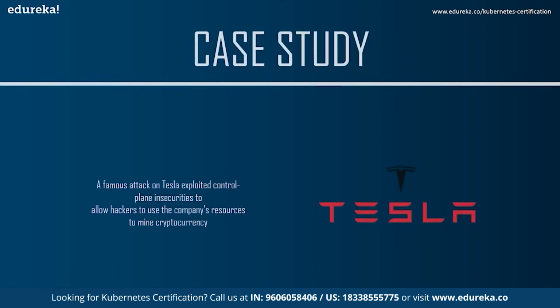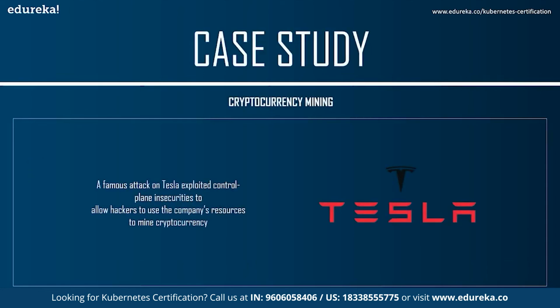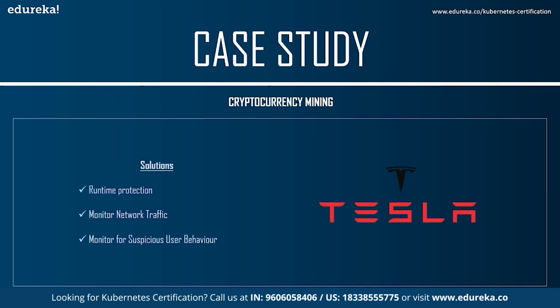A famous attack on Tesla exploited control plane insecurities to allow hackers to use the company's resources to mine cryptocurrency. Additional research shows other approaches that would-be miners are attempting. Ensuring that only trusted images can run in your cluster would prevent, for example, a bad actor with approved access to the cluster from running an unexpected mining image.